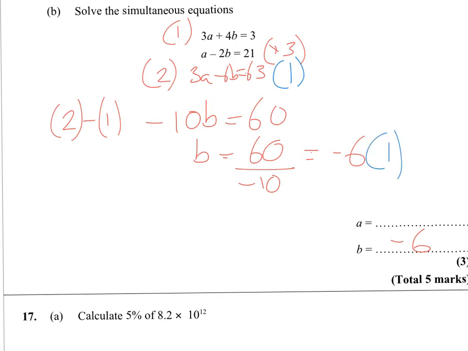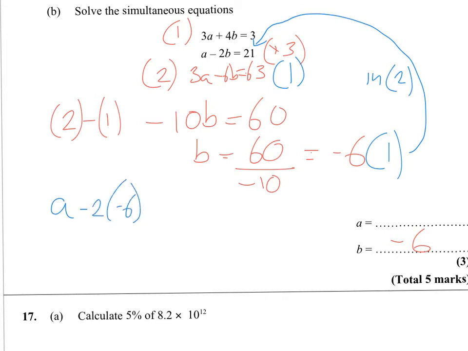And then the third mark in this case is for substituting that back into one of the equations. So I'm going to put it into the original second equation. So a minus 2 lots of negative 6, so a minus 2b equals 21.